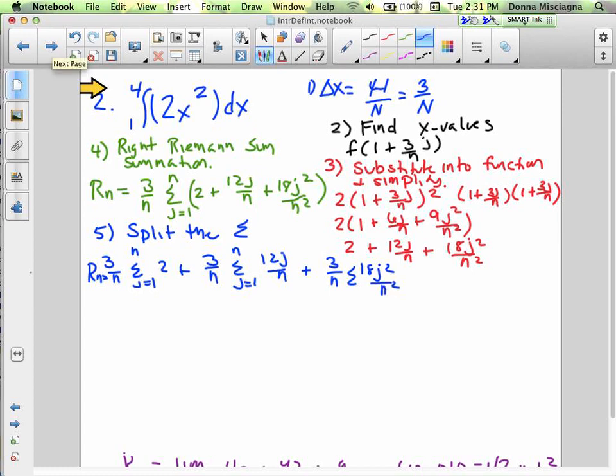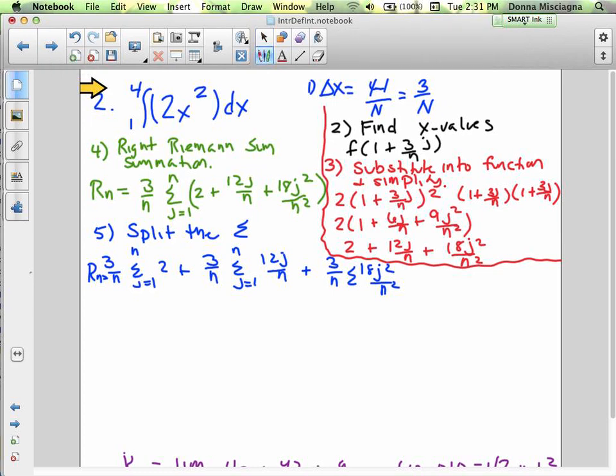And just so it doesn't blend in too weirdly, I'll put a little box there. All right, so now step 6 here, we're going to factor out coefficients.